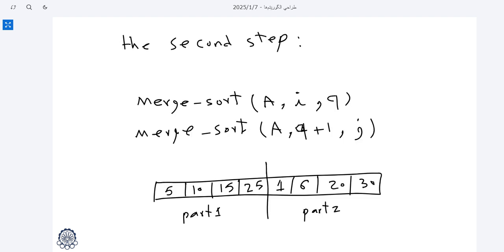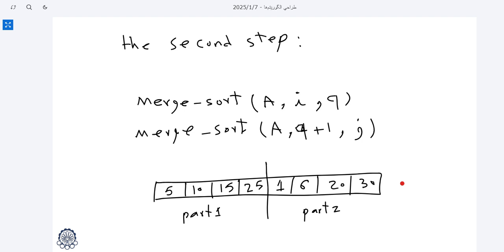Please let me go back to this slide. How can we merge? Suppose the first part is sorted and has the numbers 5, 10, 15, and 25.